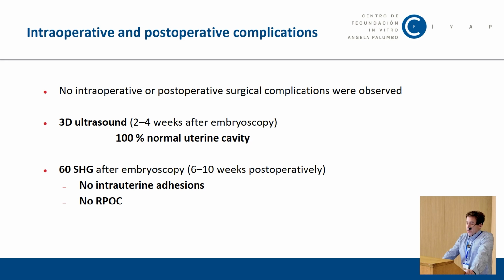We did 3D ultrasound 2 to 4 weeks after embryoscopy, and 100% of the patients had a normal uterine cavity afterwards. 60 patients had a sonography 6 to 10 weeks postoperatively. There were no intrauterine adhesions or retained products of conception.